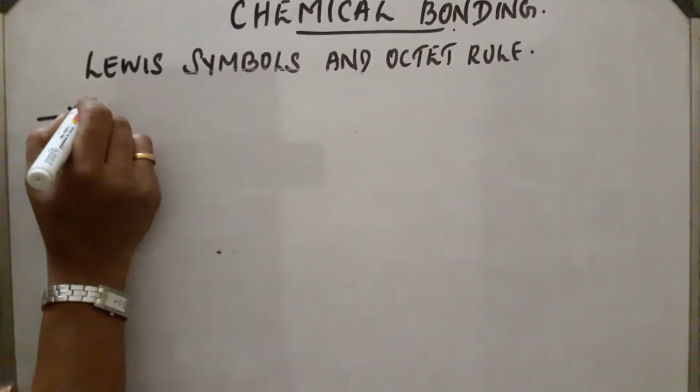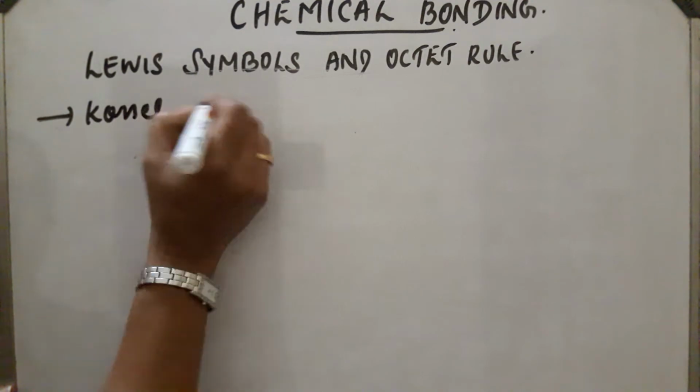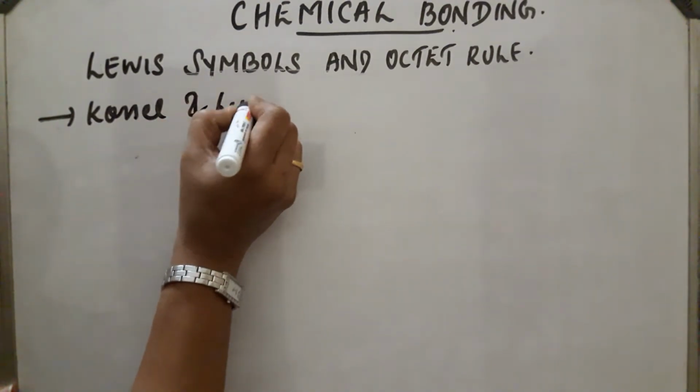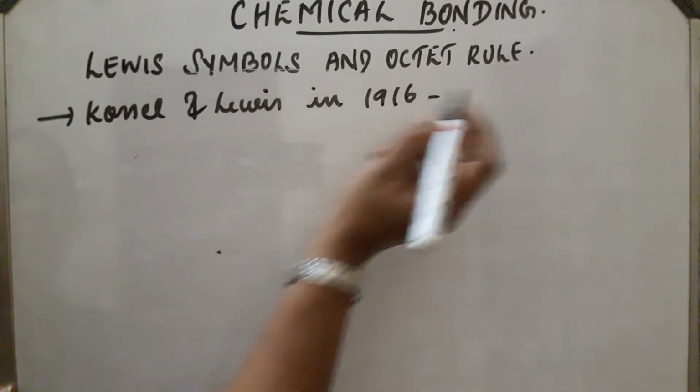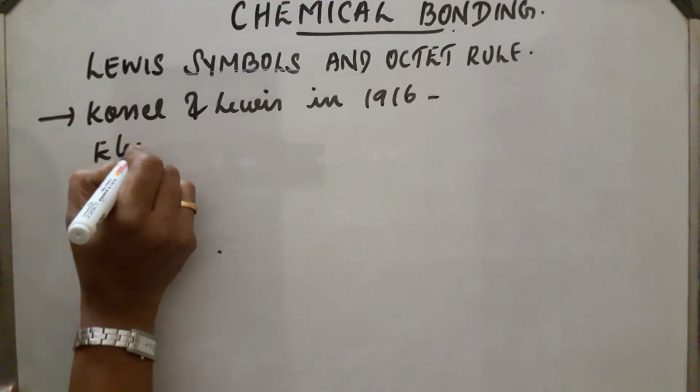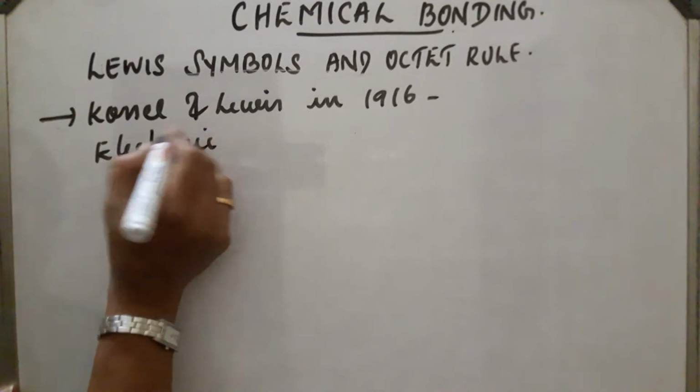Next, Kossel and Lewis in 1916 put forward a theory known as the electronic theory of valency.